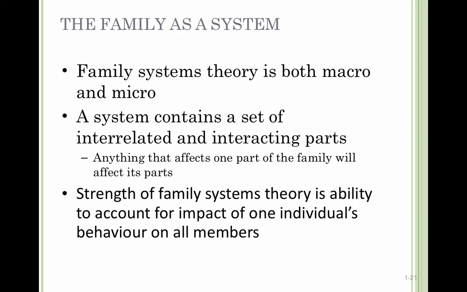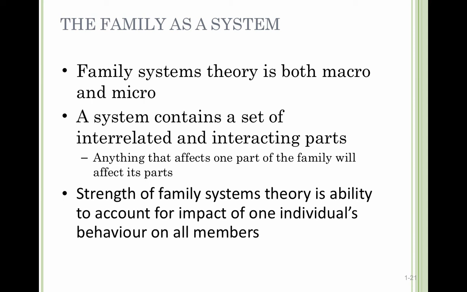Now we'll move on to family as a system. Now, systems theory is both macro and micro. It's not solely one or the other. For example, if a parent is stressed or angry, this will likely have an impact on all family members. So there's a micro view. If, for example, one person is in the role of the parent, another must be in the corresponding role of child.